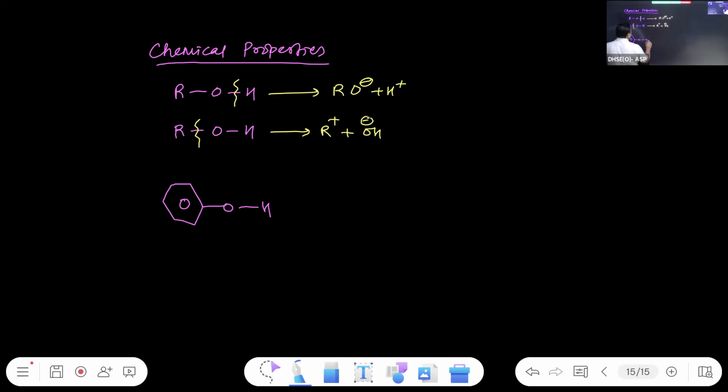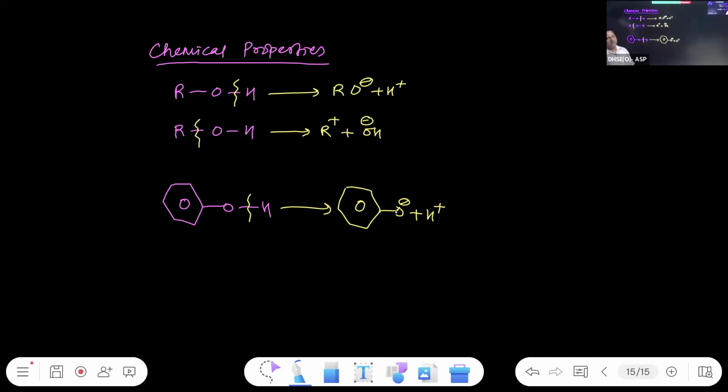But in case of phenol, the bond dissociation is possible only between oxygen and hydrogen. If the bond dissociation takes place between oxygen and hydrogen, that will form phenoxide ion along with H plus ion.